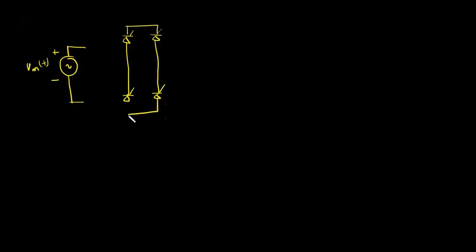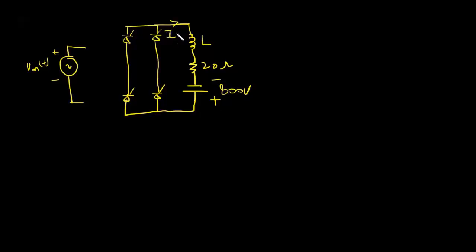We have input voltage source Vs, and we have a thyristor bridge which is feeding a RLE load. L is large enough here so that the load current IL is a smooth DC current.